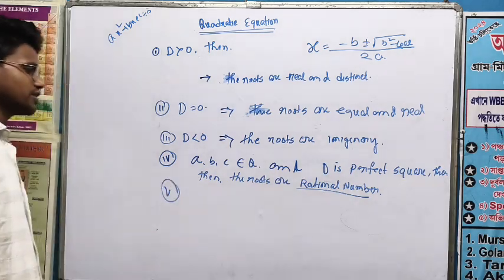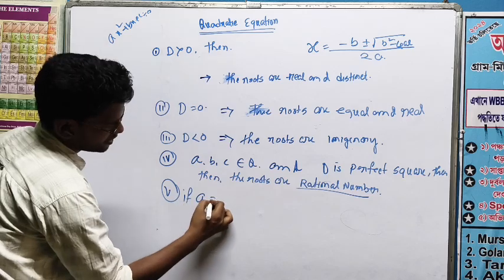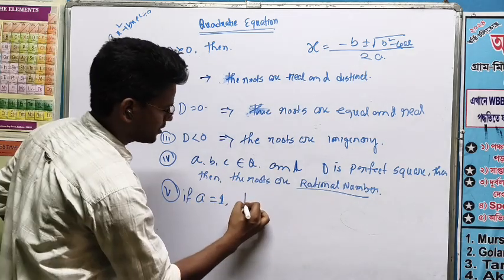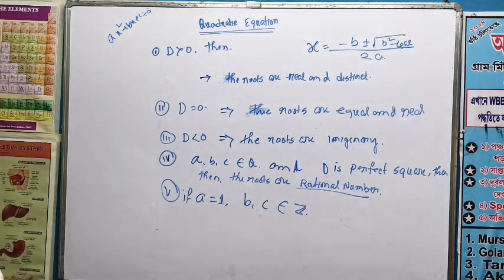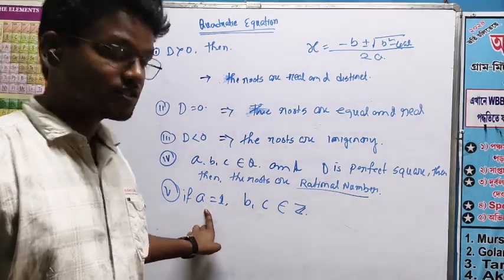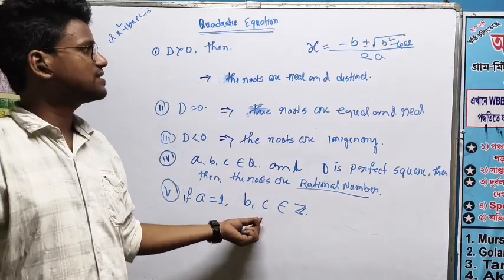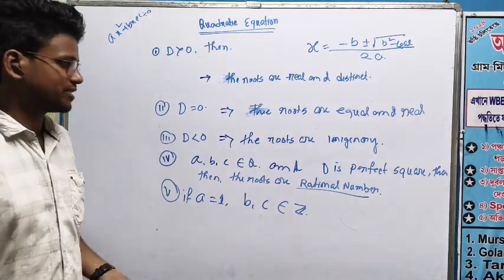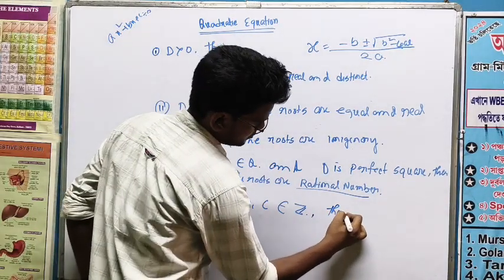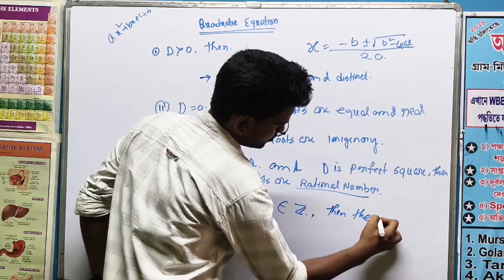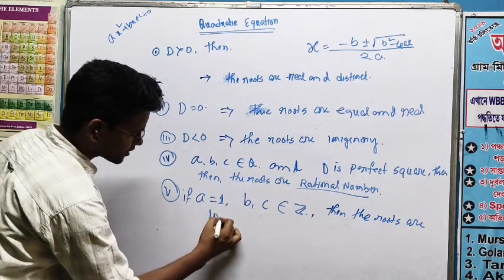And next, if a equals 1 and b and c belong to integers. Okay, so what is this? a equals 1 and a, b, c belong to integers, that means b and c are integer numbers. Then what happens? The condition says that the roots are integers.